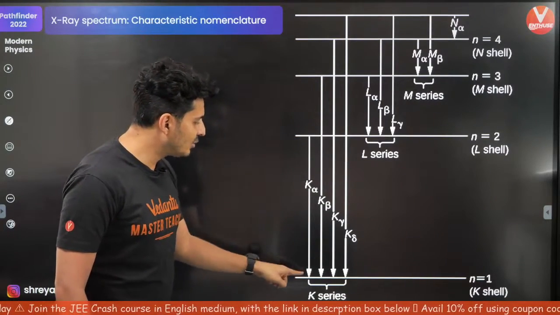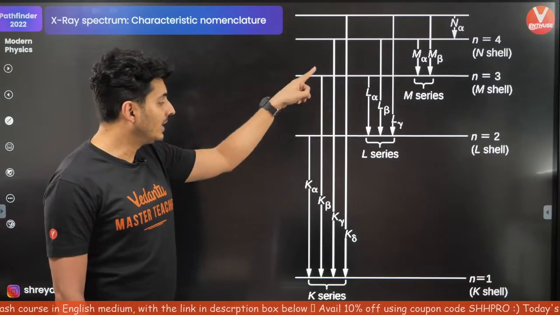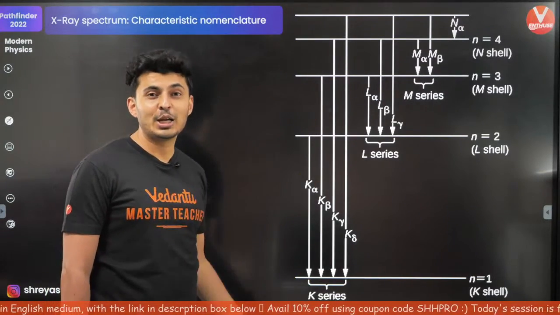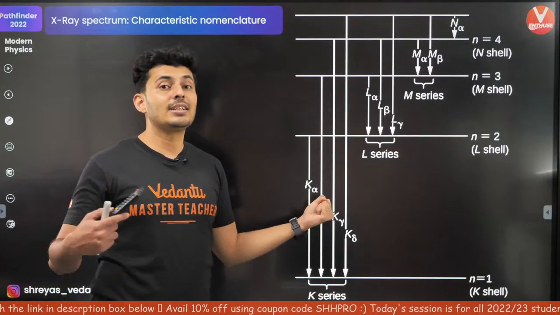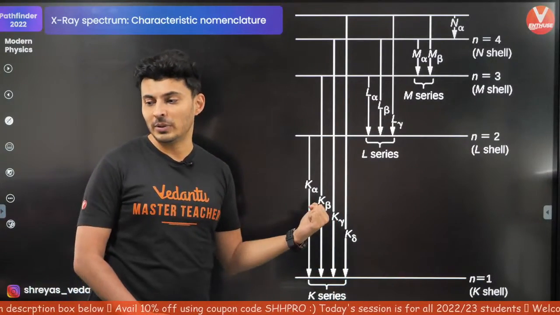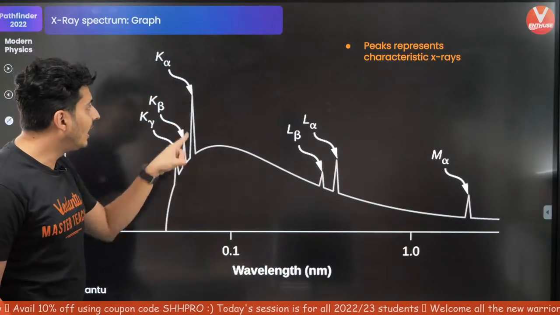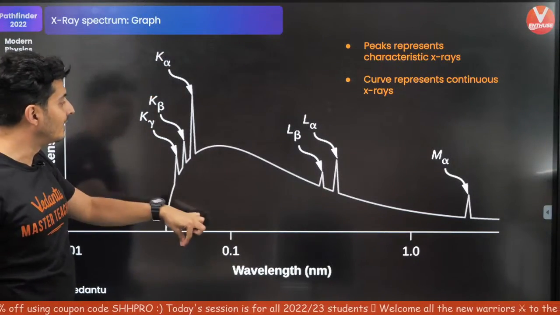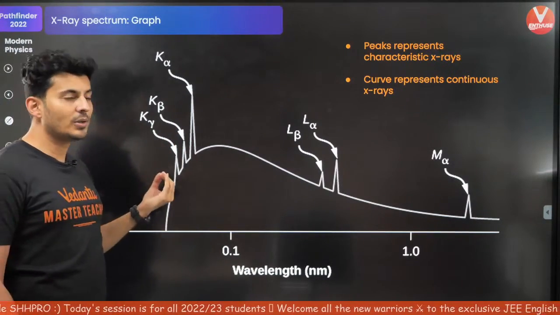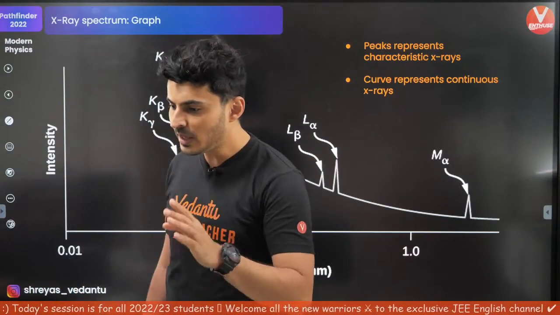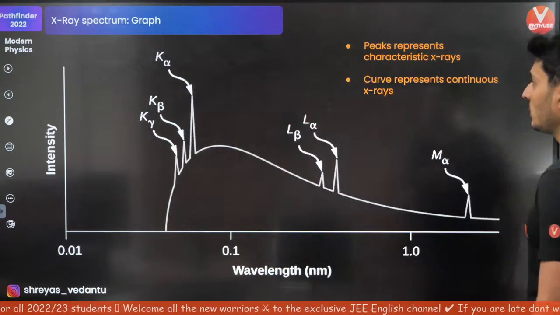Alpha has the smallest energy, beta has larger energy, then gamma even more than that, delta even more than that. So alpha having the smallest energy, it has the largest wavelength of that group. Hence, alpha has large wavelength because it has small energy. As you go ahead, their energy increases, so you will see it goes on to the other side. Understood, my warriors? Very, very important things that you can note from the graph.